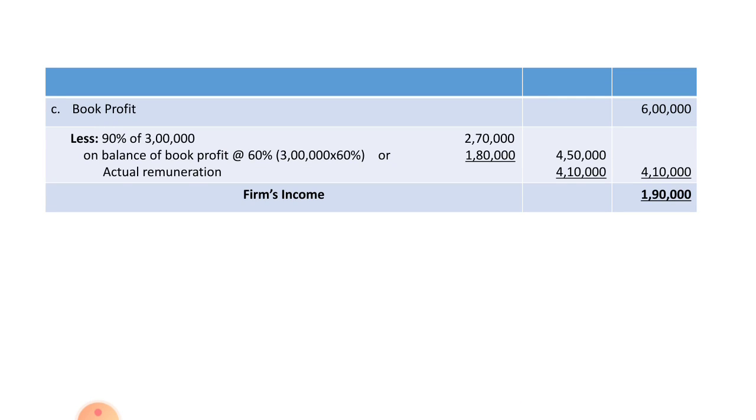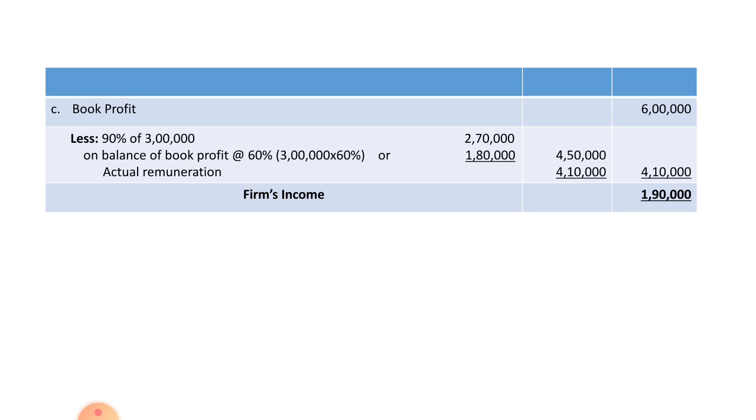Next see, book profit 6 lakhs and actual remuneration paid 4,10,000. In this case there is more than 3 lakhs of book profit. At that time you have to consider on first 3 lakhs 90% and on the rest of the amount 60%. So as per that, on first 3 lakhs 90% amounts to 2,70,000.